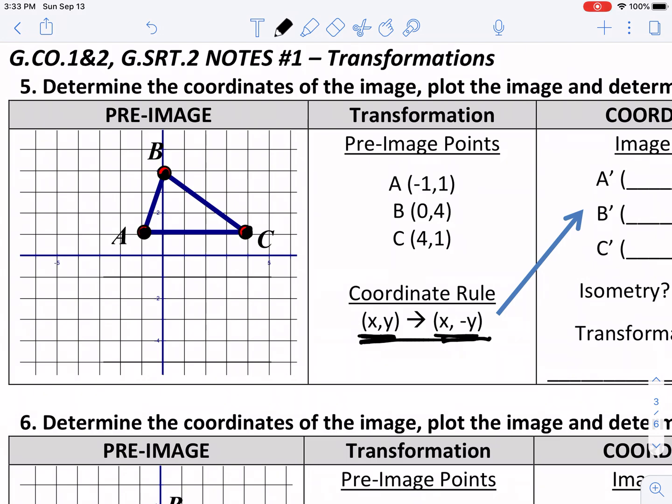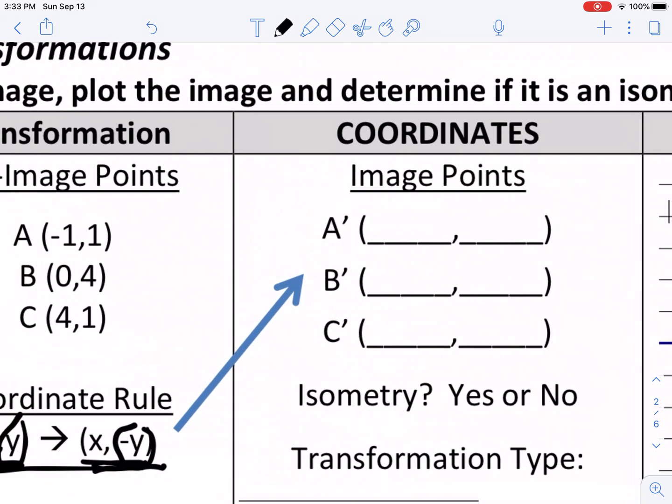Look at the difference between what we start with and what we end up with. The big difference is this: in the pre-image, we have y, and in the image, we have negative y. All that means is we're going to multiply each y by a negative, in other words, each y is going to change its sign. For A, x is still going to stay the same.